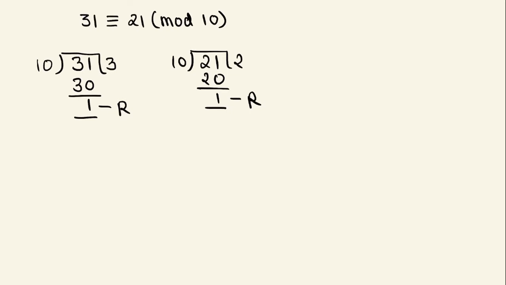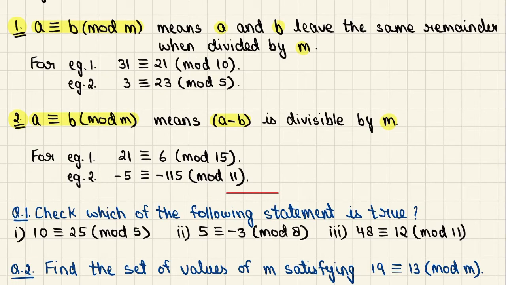So here you can see that the remainder in the first case is the same as the remainder in the second case. So 31 divided by 10 leaves the remainder 1, 21 divided by 10 leaves the remainder 1. So they both leave the same remainder when divided by 10. That means 31 is congruent to 21 mod 10 is a correct statement.